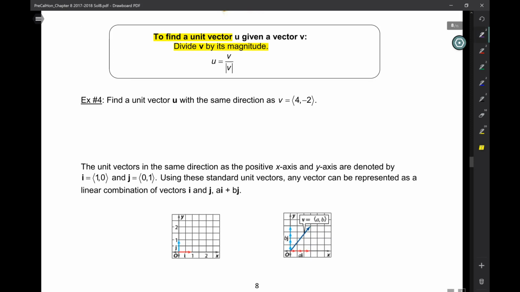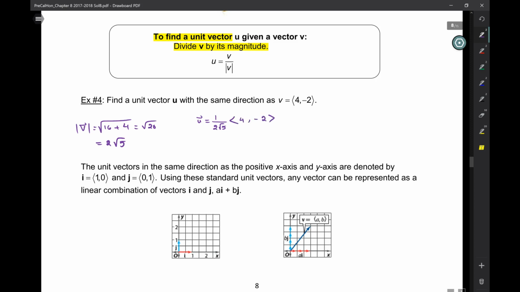First we need v's magnitude. It's the square root of 16 plus 4. How much? 2 root 5. Right? So vector u is going to be 1 over 2 root 5 times (4, negative 2).